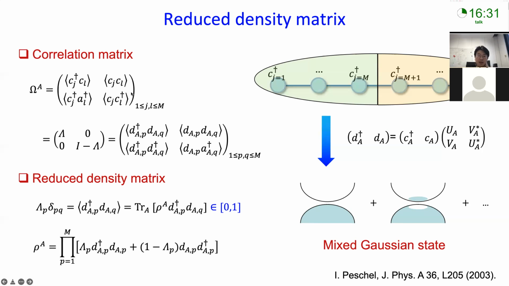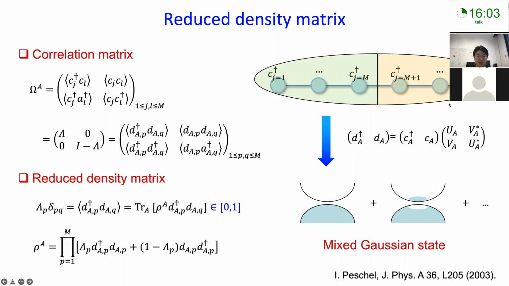It can be diagonalized by introducing Bogoliubov quasi-particles, but only within this subsystem A. Notice omega A still has a BDG form, so each eigenvalue of omega A comes in a particle-hole pair. If we have lambda p, we have 1 minus lambda p, and lambda p is a real number in the interval of 0 to 1.